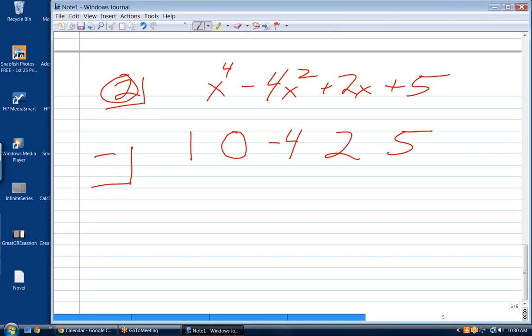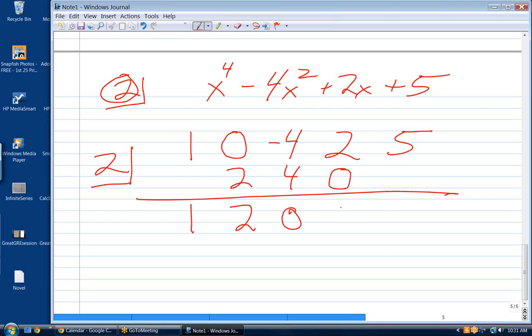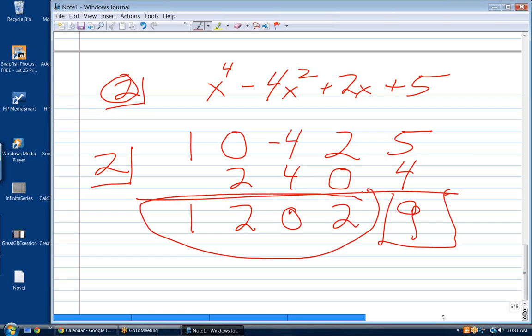I'm going to divide it by 2 and proceed from there. So I'll just do this real quick. Drop down the 1, multiply, add, multiply, add again, multiply, add, there's your remainder. Here is your answer.